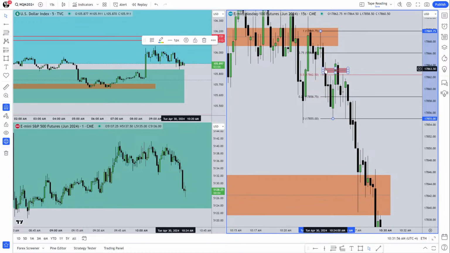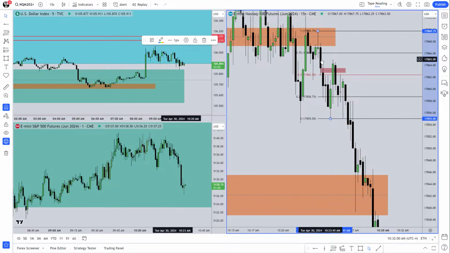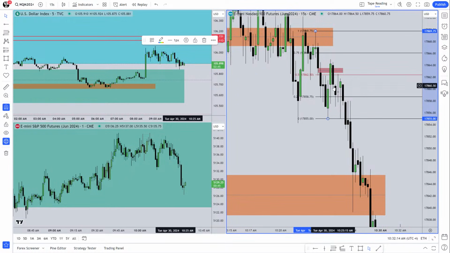Premium. There's your volume imbalance. It trades up into it and into that small little fair value gap right there between this and this. So it trades into that, breaks lower, comes up into the mean threshold of this candlestick's body in here. That is a bearish order block.